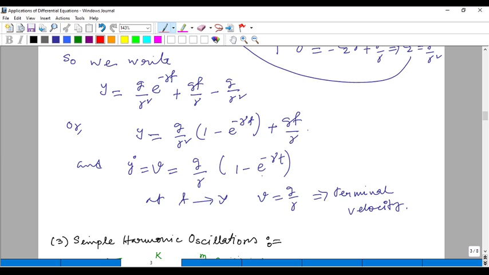At t equal to infinity this term is 0, so we can write v equal to g by gamma. So this is a constant velocity. After a long time, this object attains a steady velocity, or a constant velocity, and this velocity is said to be the terminal velocity.